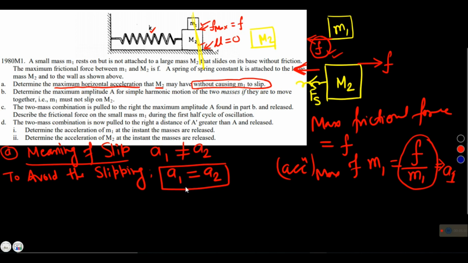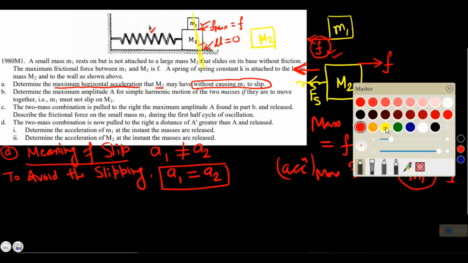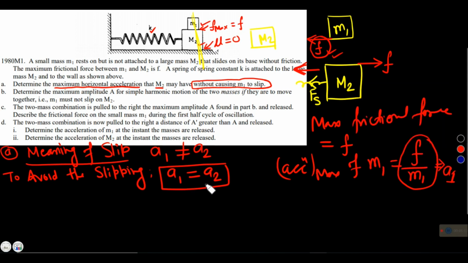So to avoid the slipping, we should have this acceleration for m2 also. So the maximum acceleration of the m2 block will also be equal to a1, that should be equal to F upon m1.